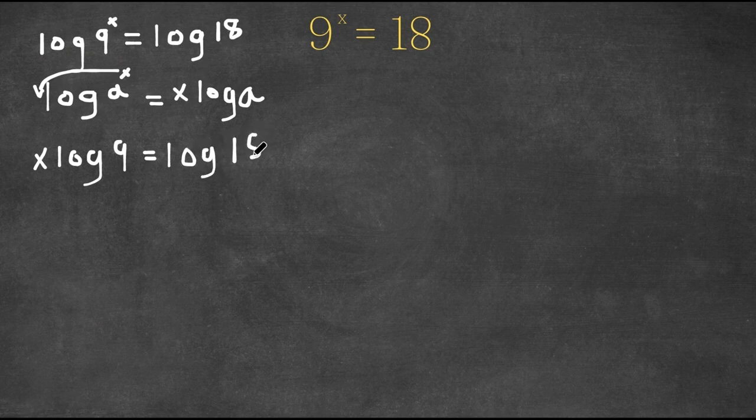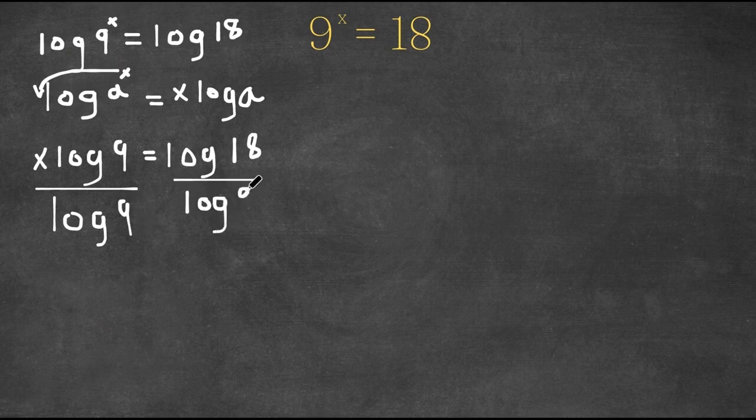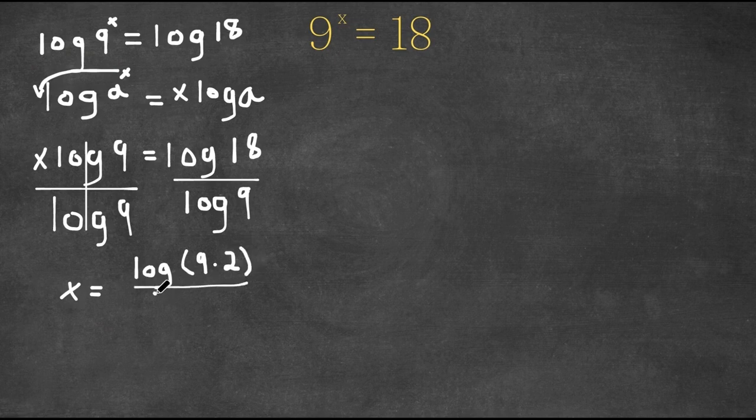This is equal to log 18. Now, if I divide both sides by log 9, these two cancel out, and I would get x is equal to log 18 over log 9, which is the same thing as log 9 times 2 over log 9.